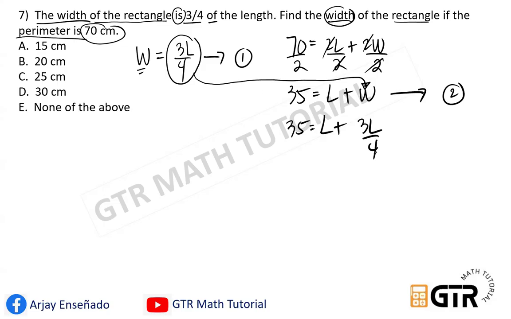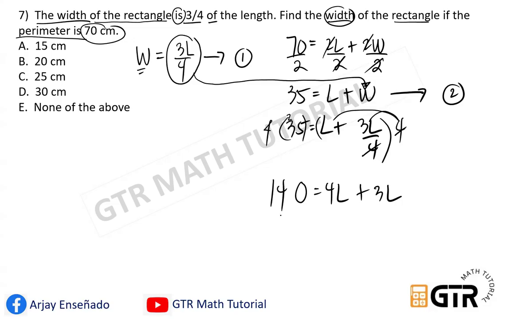Since we have a denominator of 4, we can multiply both sides of the equation by 4 to eliminate the denominator. 4 times L, we have 4L, and if we distribute to the fraction, we just cancel out the 4, so we have plus 3L. And 4 times 35, we have 140. Combine 4L plus 3L, we have 7L equals 140.